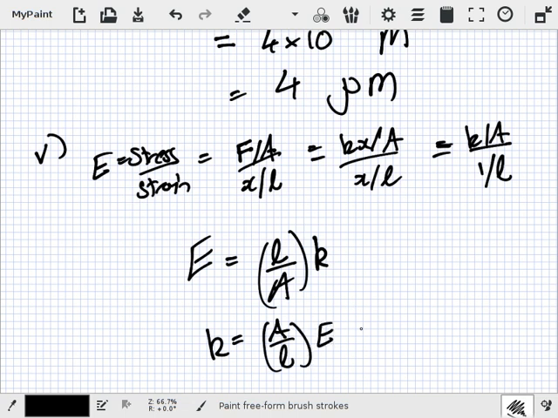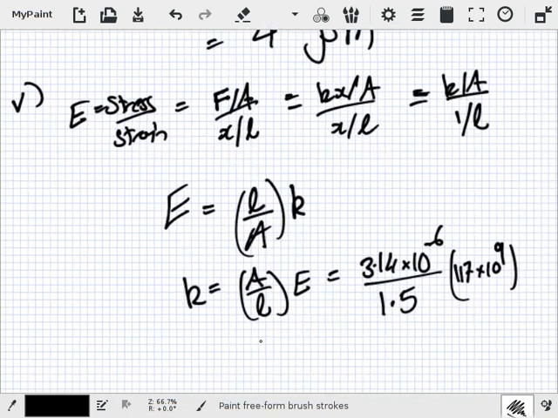So that would be, what did we say the A was? 3.14 times 10 to the minus 6. That's 1.5. And what was the E? It was 117 times 10 to the 9. Okay, so what's that?